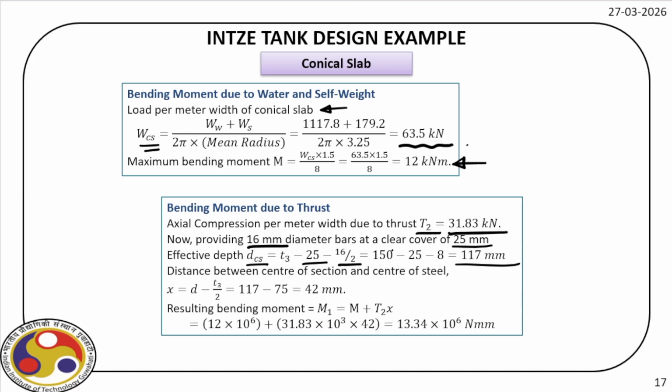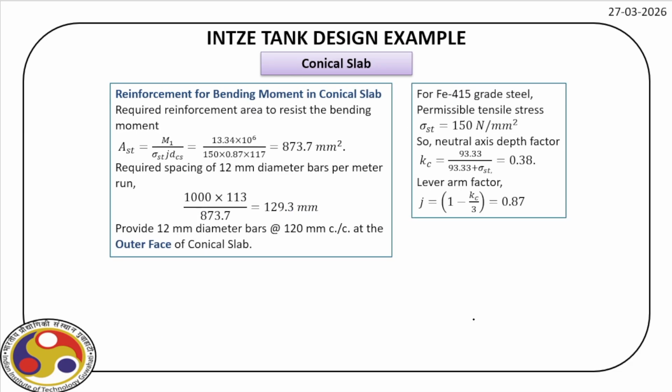That is effective depth, which is 117 millimeter. And distance between center of section to the center of steel is 42 millimeter. So resulting bending moment we can calculate, which is here 13.34 into 10 to the power 6 Newton millimeter.